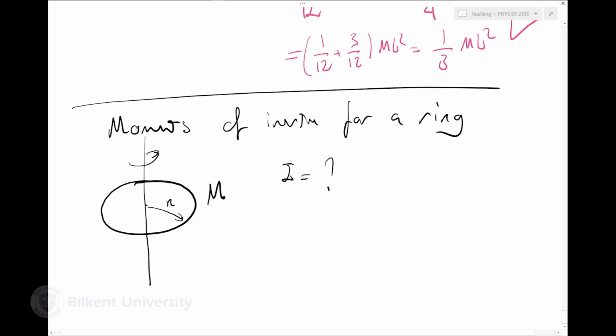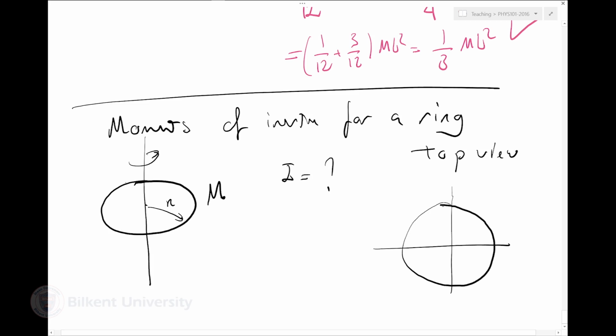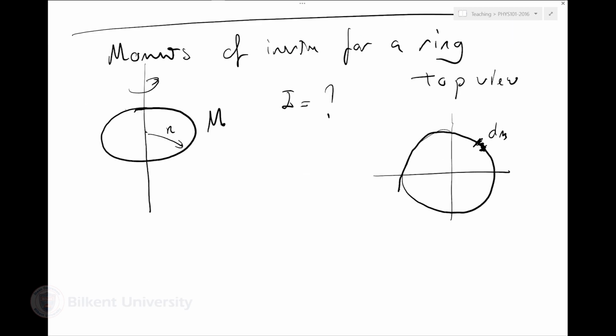Well, this is actually quite simple. Why? Let me draw the top view of this. The top view is just a ring. If I take a small piece dm of that ring, what's the distance from the origin? It's r.